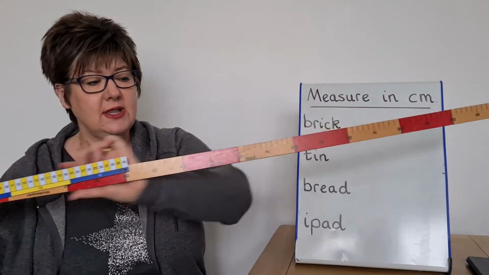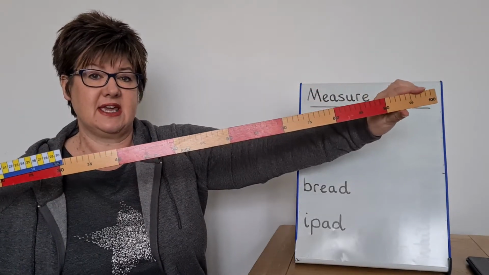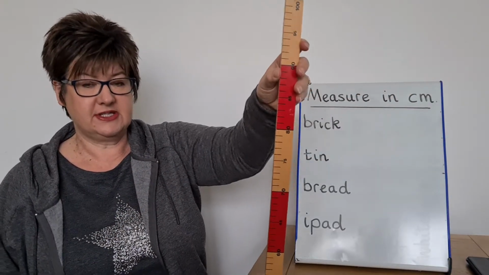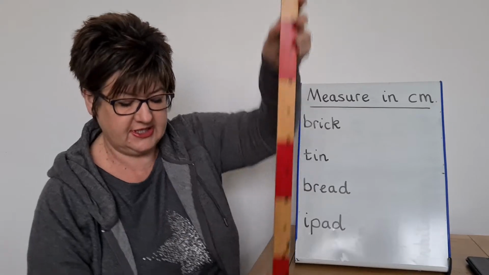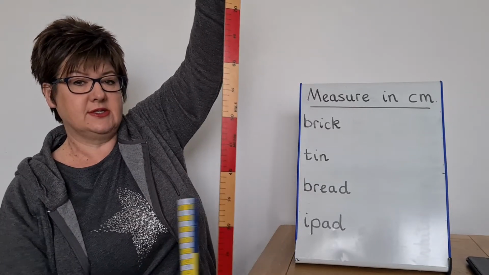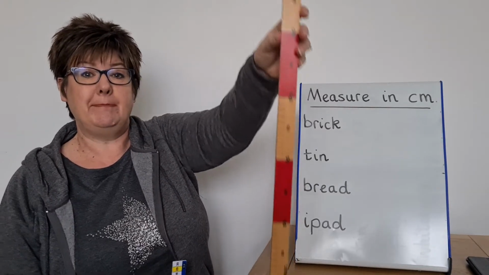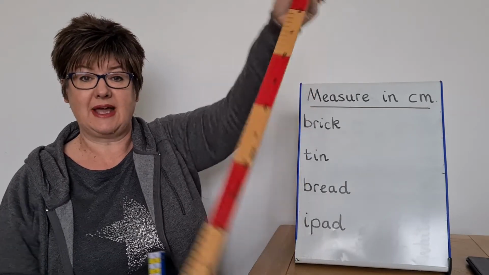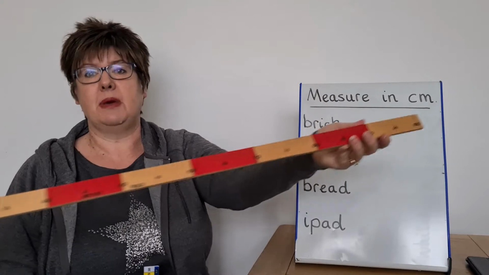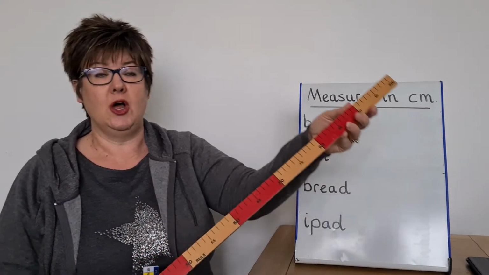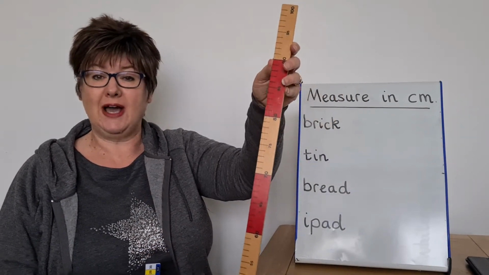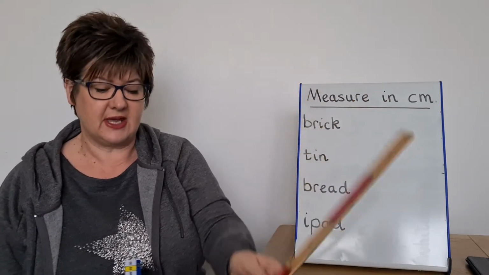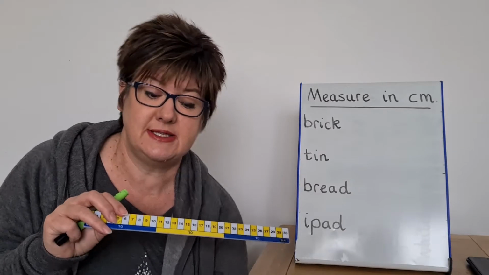The whole length of this stick is now called a metre. Can you see that's much bigger than my 30 centimetre ruler? When I want to measure big things, I can use metres and count how many metres might measure the room or the size of the door or how tall or short you are. But when I'm measuring smaller things, I need to use centimetres.